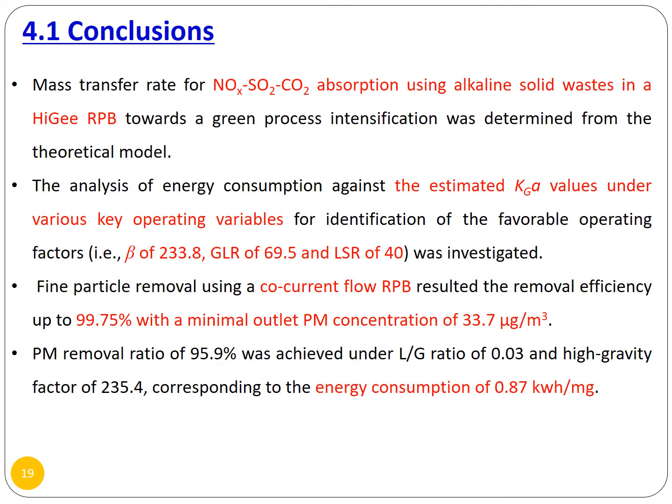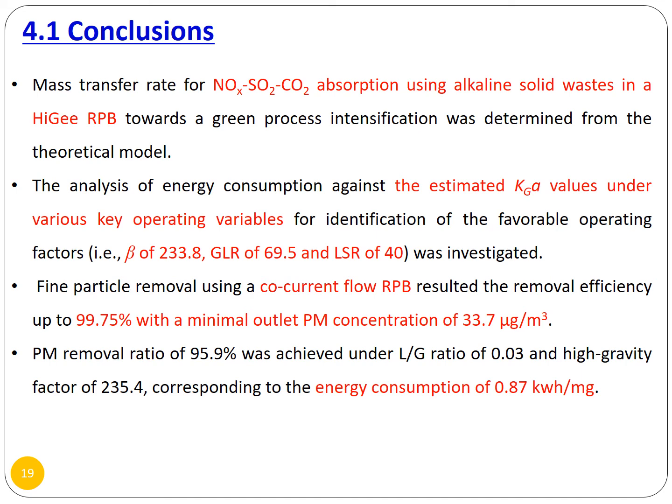So the conclusion will be, first, we determine the mass transfer rate for the NOx, SO2, and CO2 absorption using alkaline solid waste as our solvent. And we can say this is a kind of green process intensification, because we use waste as a solvent, and we also conduct pollution control with very high efficiency.